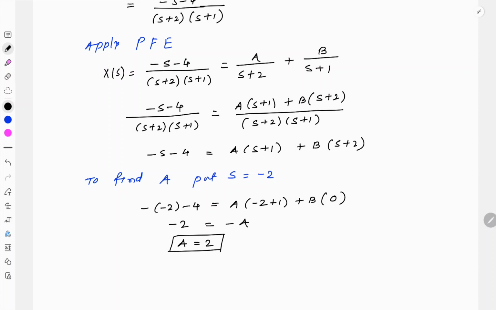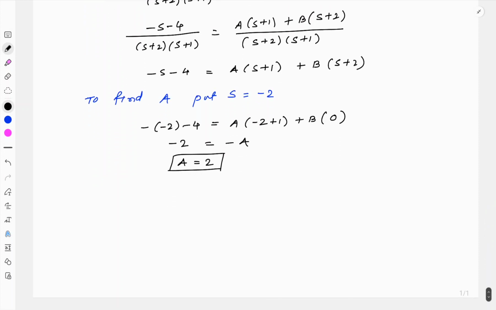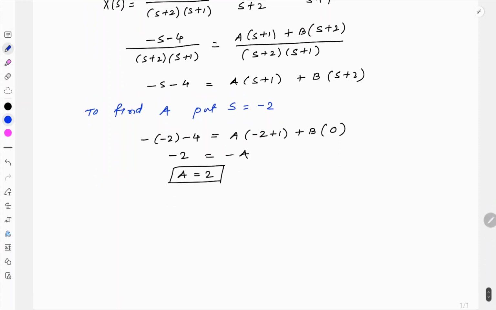Similarly, go for the second term. To find B we have to make A 0, so the bracket of A is s plus 1, so put s equal to minus 1.